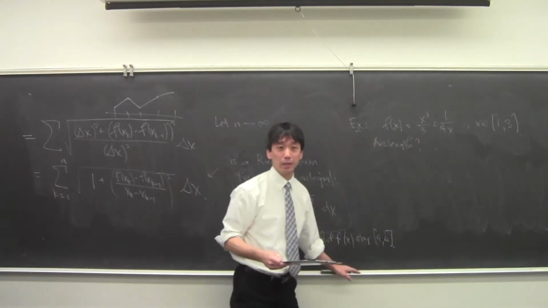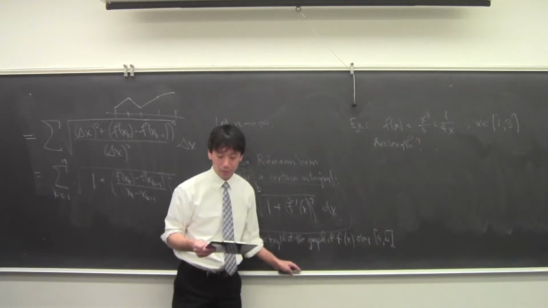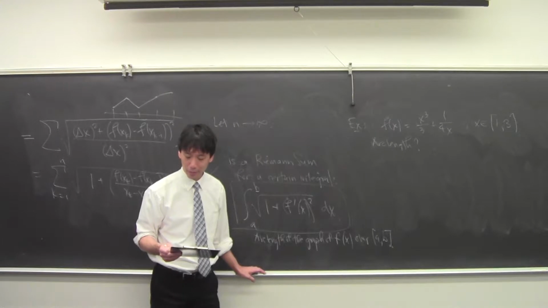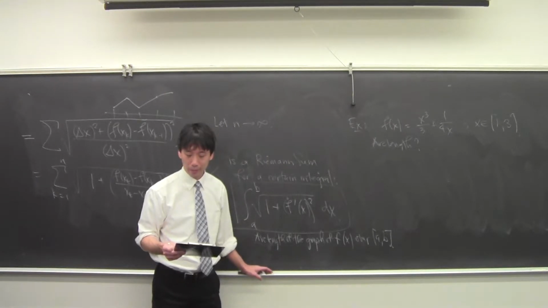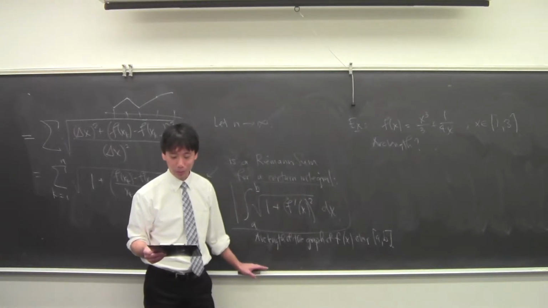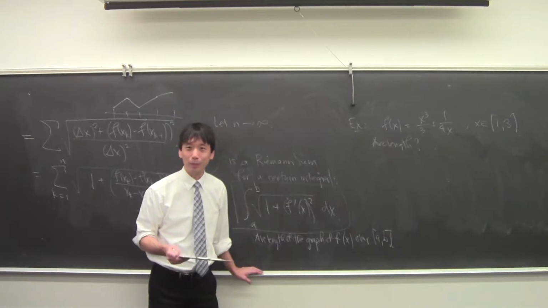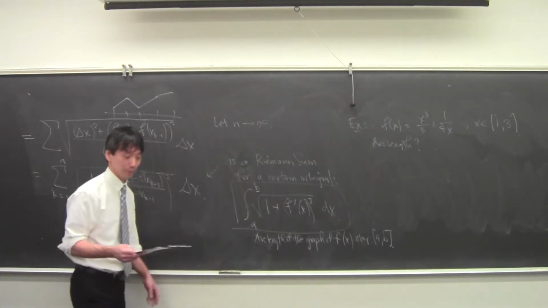What would be the arc length? Take 1 minute and write down the expression, and we don't evaluate it. I think evaluating will be a little tricky, but at least write down the form, what the formula gives you.